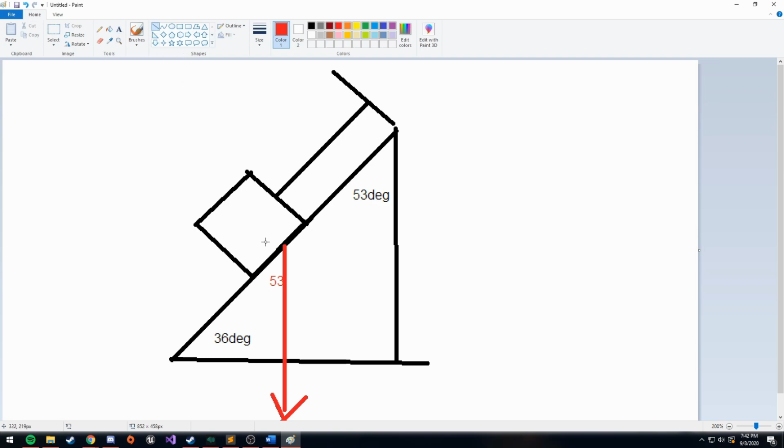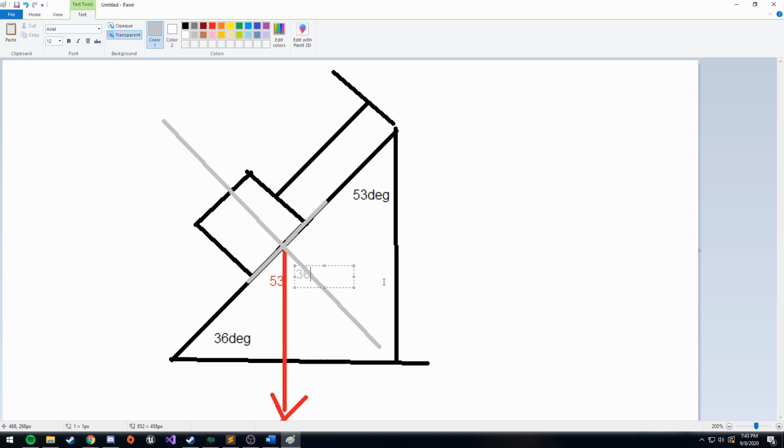If you try to orient it with the x-axis, this would be the y-axis and this would be the x-axis. That would mean the angle right here would be 36 degrees. We'll change that to red.